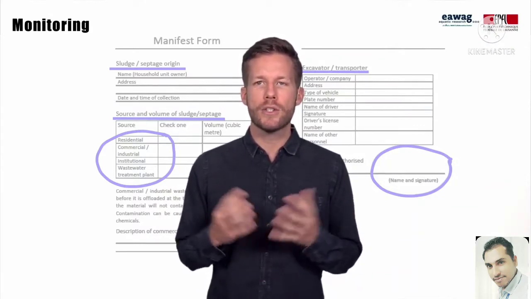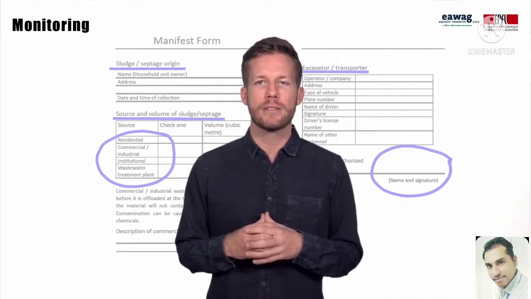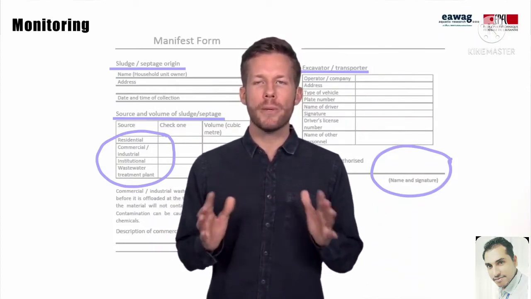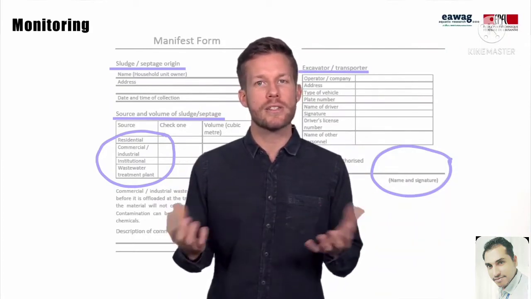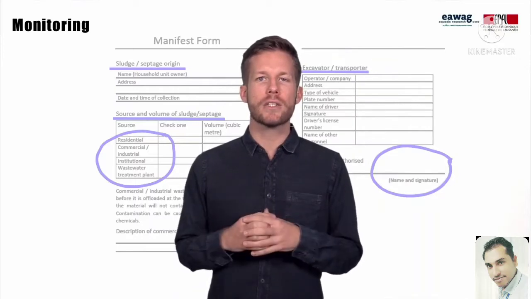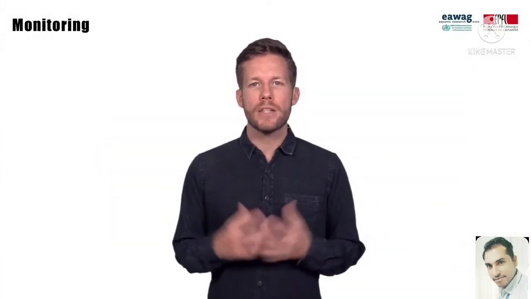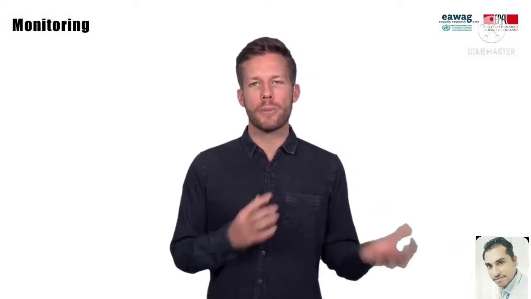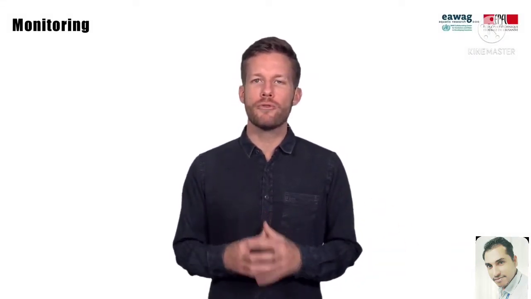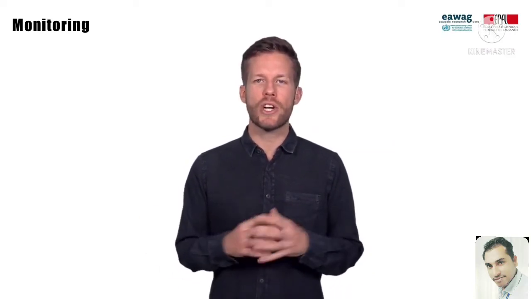For example, the solid-liquid separation efficiency on drying beds or in settling thickening tanks. The system should always be complemented with visual observations such as the sludge color. Any other color than brown or black could indicate industrial contaminations which could disrupt the treatment operation. A signature of this manifest form by the treatment operator could also be a proof to the client or a government authority that the service provider discharged at a legal location.